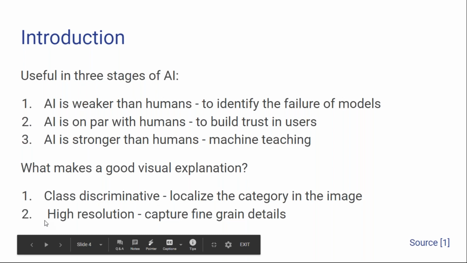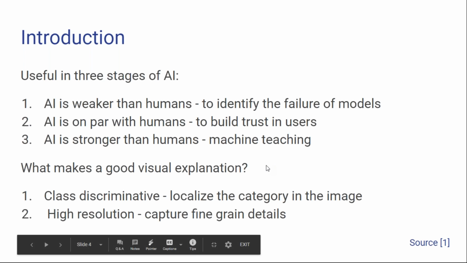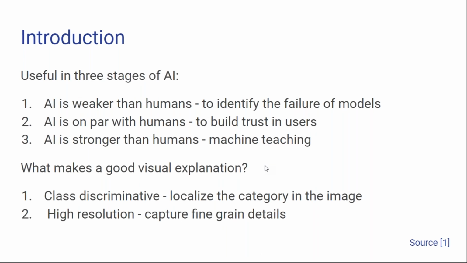Another thing is it should not only be class discriminative and localized, but it should also be high resolution, which means that it will give you the fine details of those areas where the model looked. For example, if you are classifying a cat, it not only tells you it is a cat, but also tells you the breed of the cat.